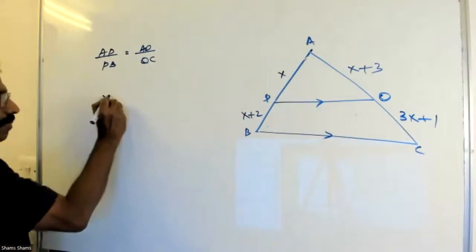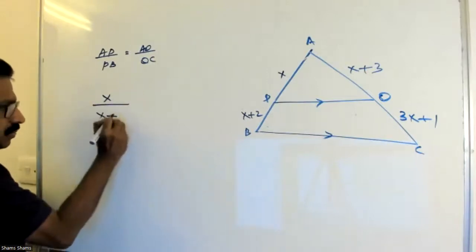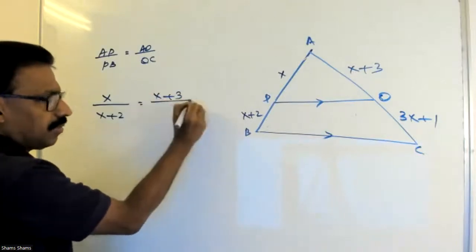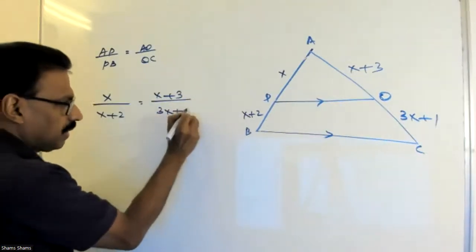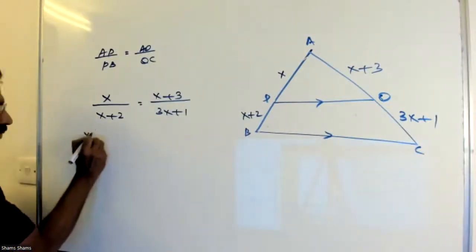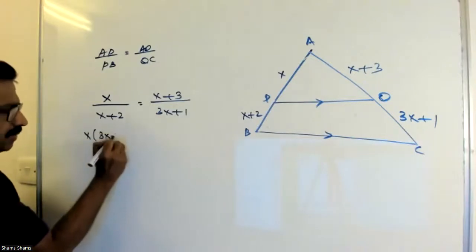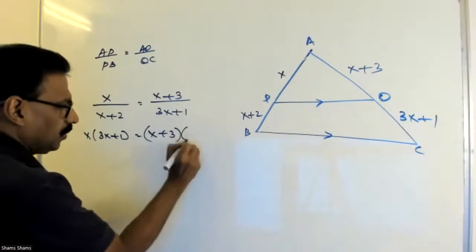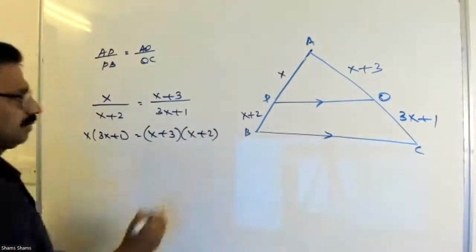x divided by x plus 2 equal to x plus 3 divided by 3x plus 1. Right? Cross multiply: x into 3x plus 1 equal to x plus 3 into x plus 2.